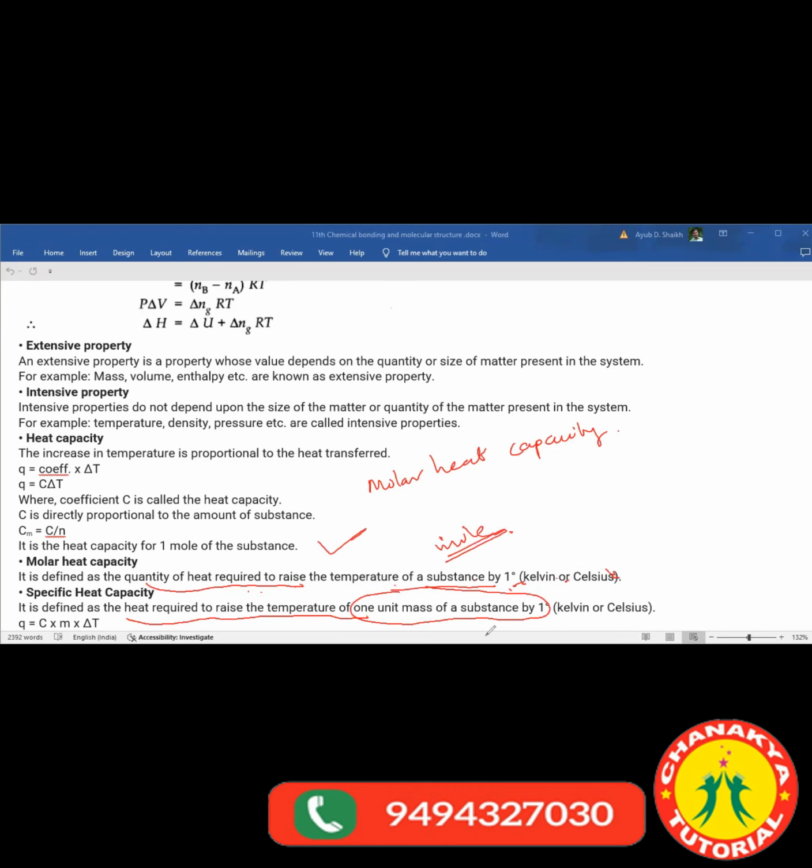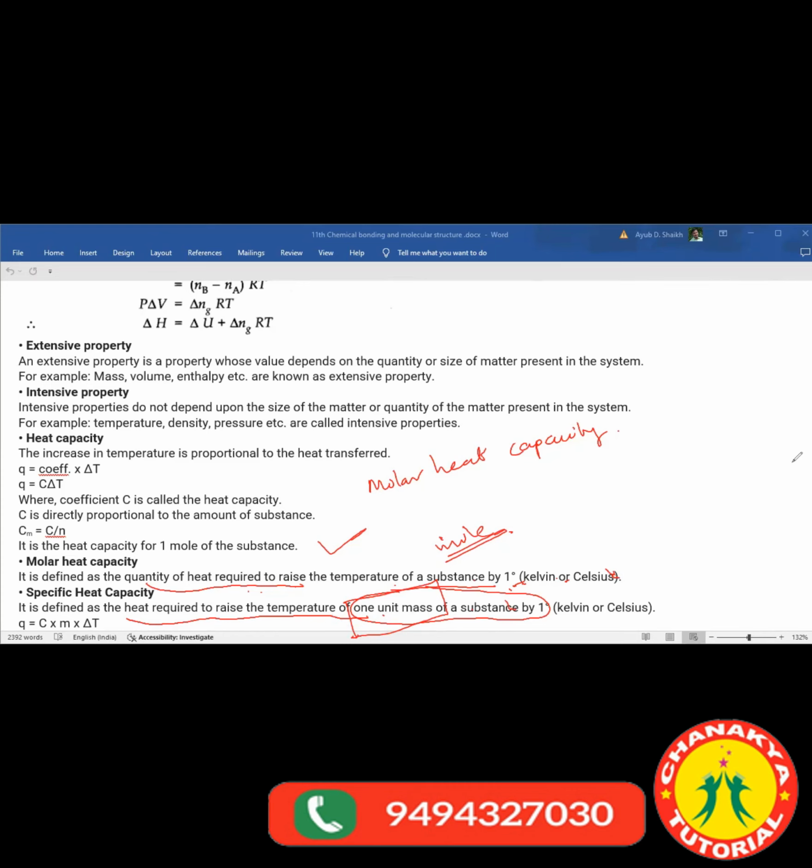But when you raise the temperature by 1 degree of 1 unit mass of the substance, that is called the specific heat capacity. That 1 unit mass can be anything, maybe a molecule or an atom, isn't it?